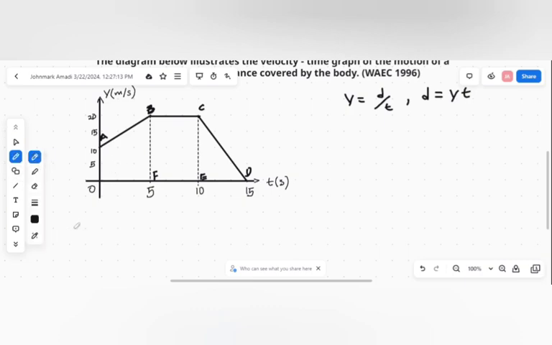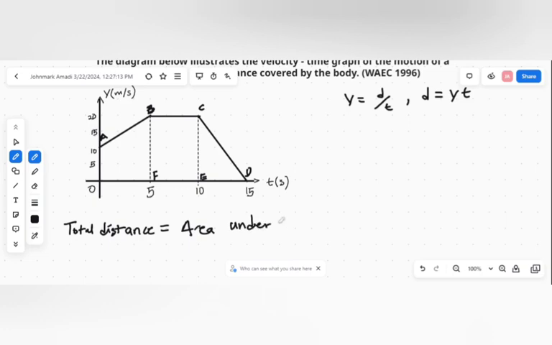So now, distance covered, total distance. Total distance equals what? Area under the graph.